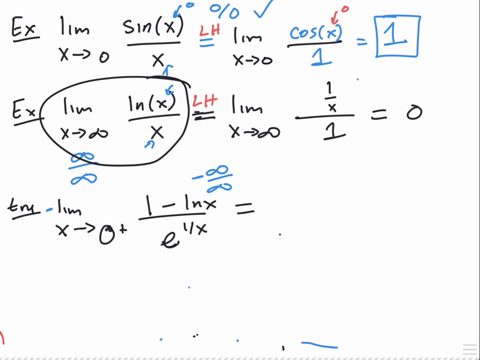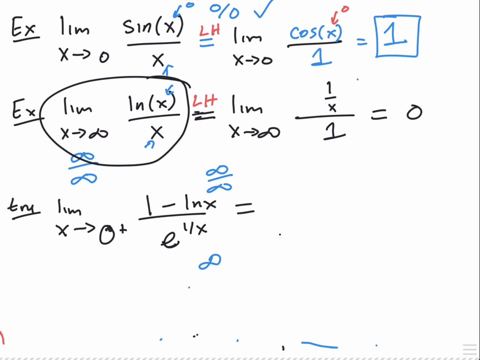If I factor out the minus, then I would have positive infinity over infinity, and it would be the same thing. So you don't have to worry about that. This one isn't minus, but if it was, that would not be an issue.